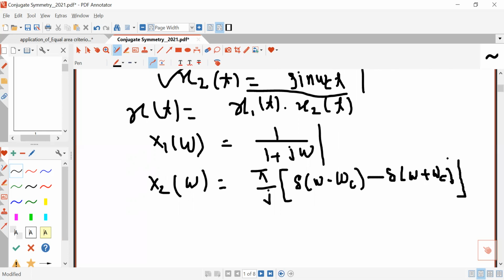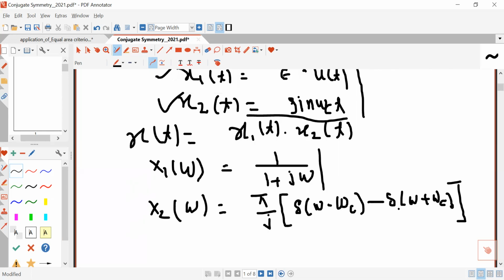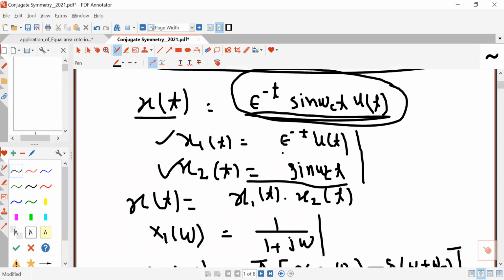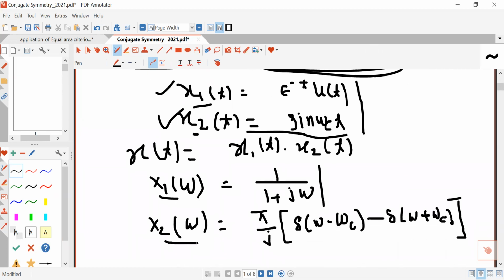This is the Fourier transform of the signal sine omega_c t. So first you will have to write this signal as a product of two signals, and after that you will have to determine the Fourier transform of each individual signal.